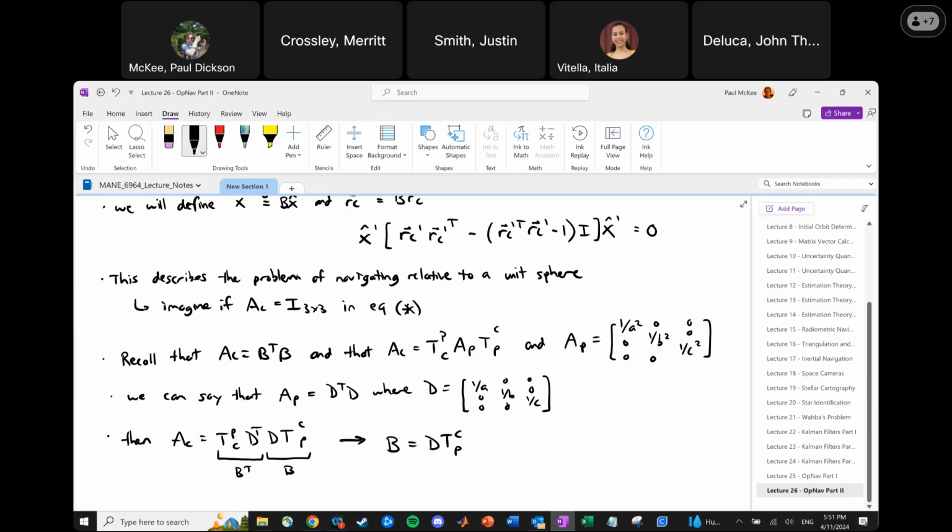Okay. This is going to be very important as well. So this is the factorization matrix, which allows us to turn our problem of navigating relative to the moon into a problem of navigating relative to a unit sphere.